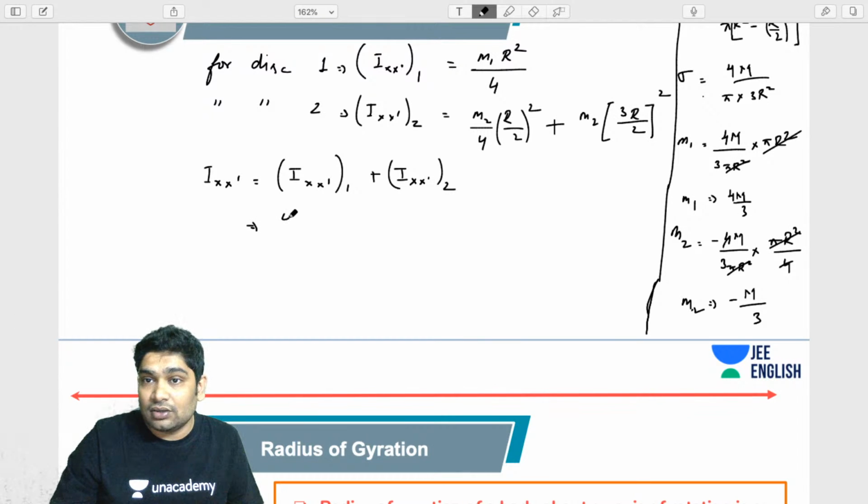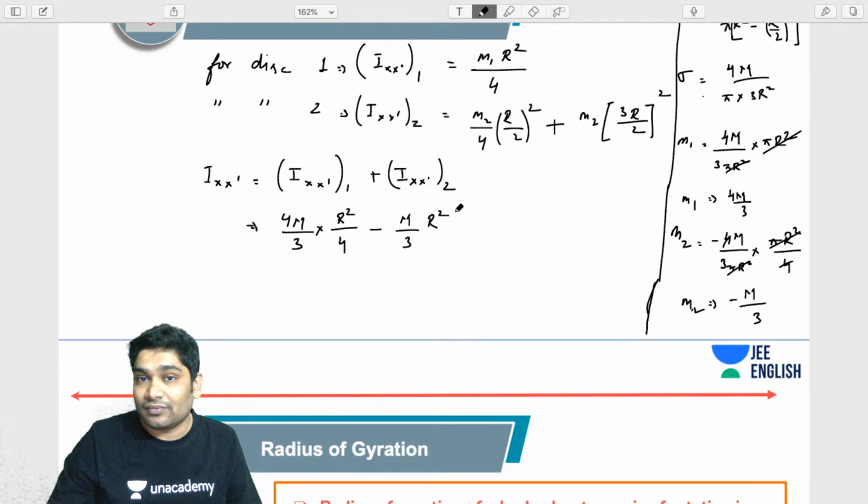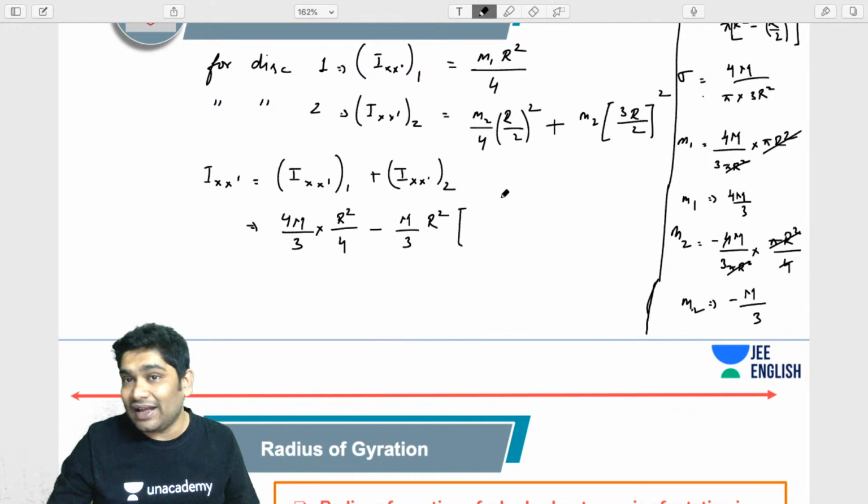So this is 4m by 3 into r square over 4 minus, I can take out m r square common from here. Then I have minus m by 3 into r square. And then let's see what I have left here.